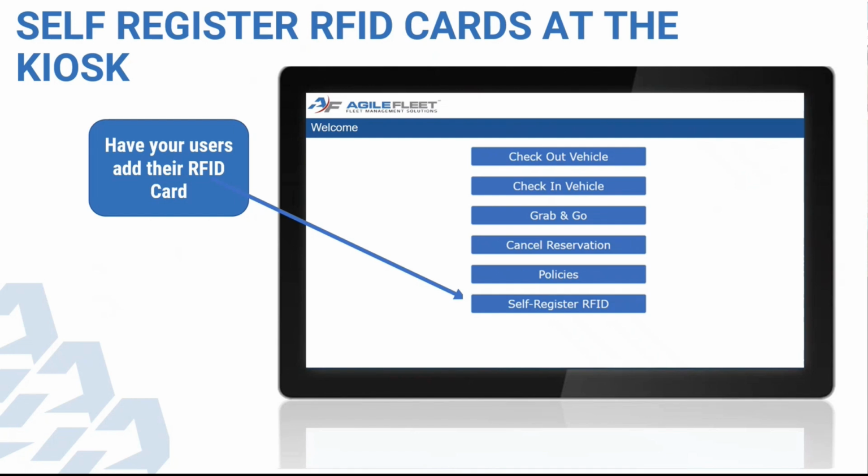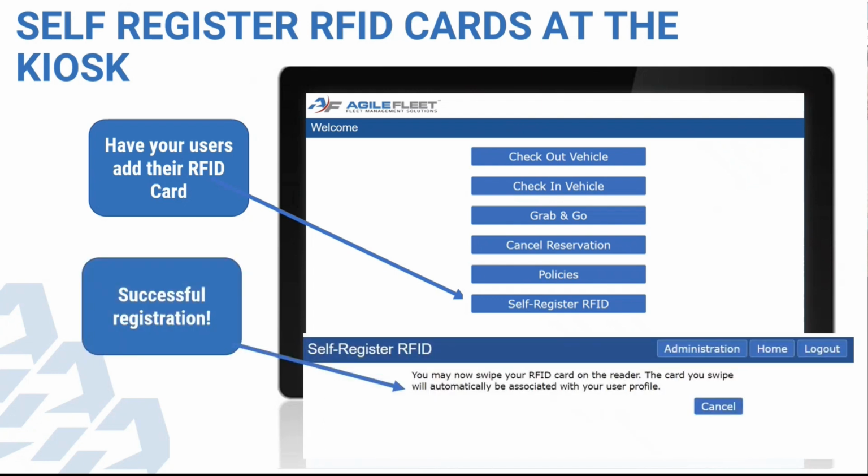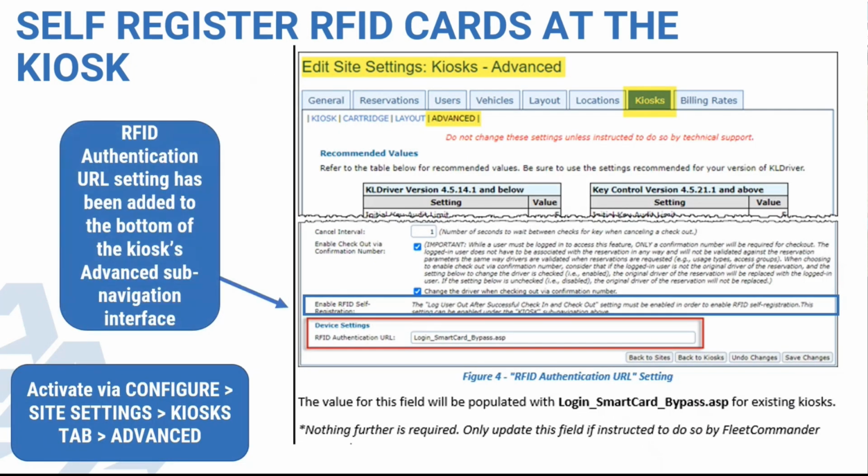When you activate the self-register RFID, they swipe it and they'll get a message saying they can continue and make a reservation, and that information will be stored within FleetCommander in their user profile.